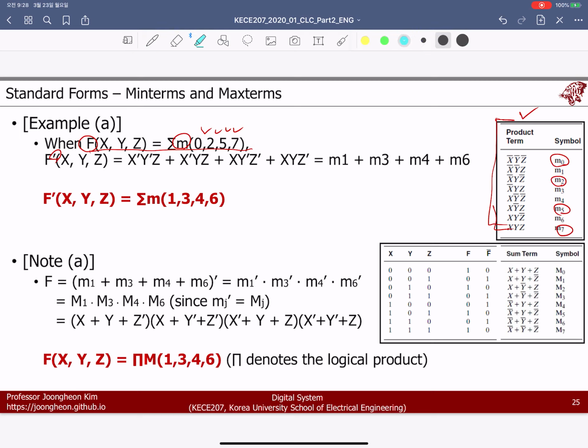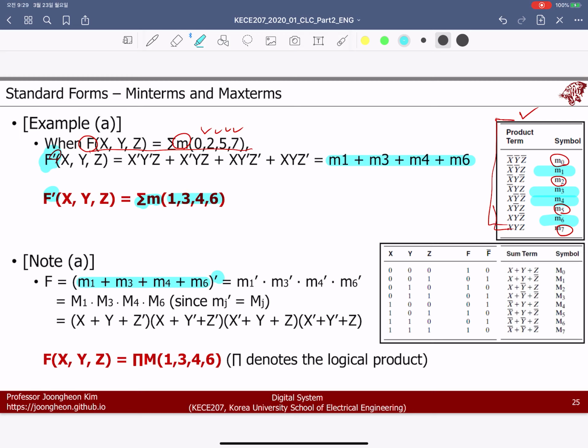Then our complement will be the others: m sub 1, m sub 3, m sub 4, and m sub 6. These are our complement. So our complement can be denoted by the summation of small m where the indices are 1, 3, 4, 6. Very easy.